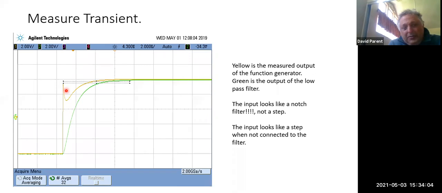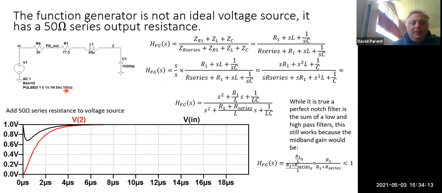So when you connect up a circuit to the function generator and it changes V in, well, something's going on, right? And what it is is that function generators have a 50 ohm series resistance. They all have it, and it's done on purpose.